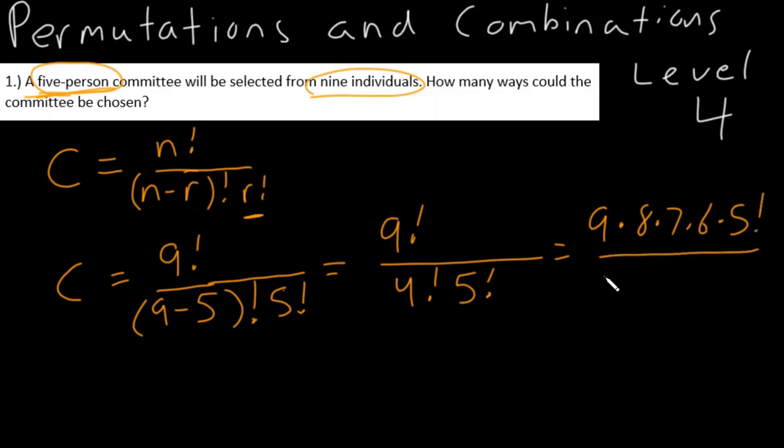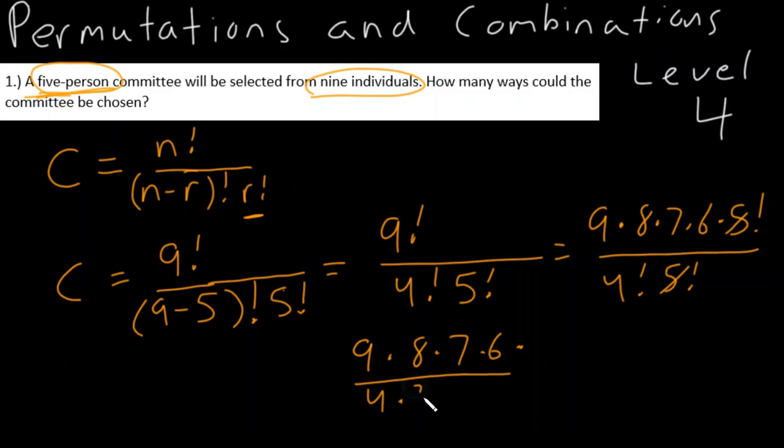Of course, we could have gone down to 4 factorial, but that would be kind of silly. So we cancel those two things out. And so how are we going to write this out? Well, we now have 9 times 8 times 7 times 6 all over 4 times 3 times 2 times 1. Because remember, 4 factorial has to be written out.